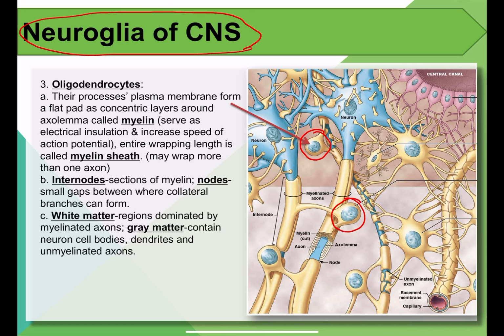The flat areas they form are still made up of the same stuff. The wrappings around the axon of the neurons are called myelin. Myelin is mostly made up of lipids and some proteins, mostly those same phospholipids again, and that's why it usually appears whitish in color. What it serves to do is act as electrical insulation.